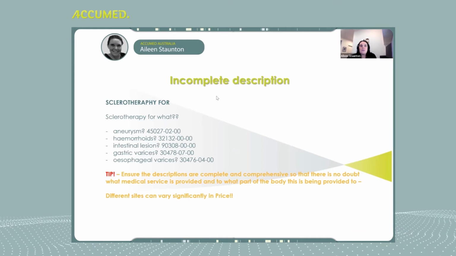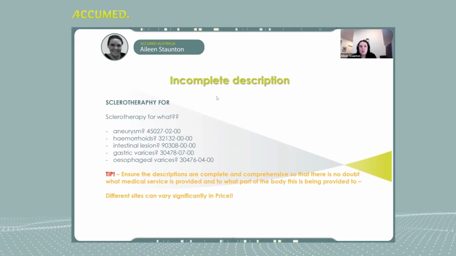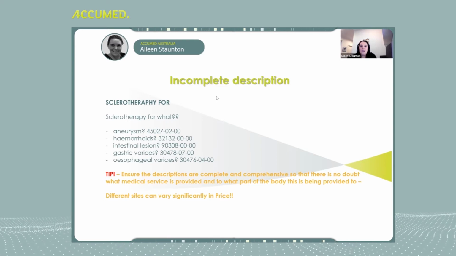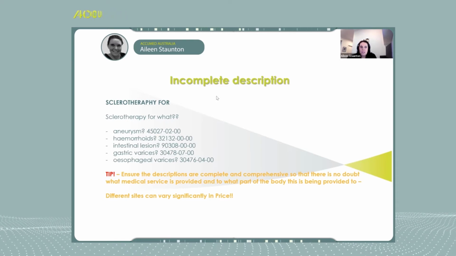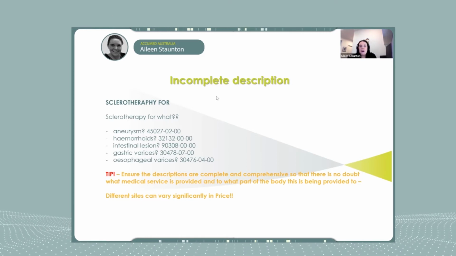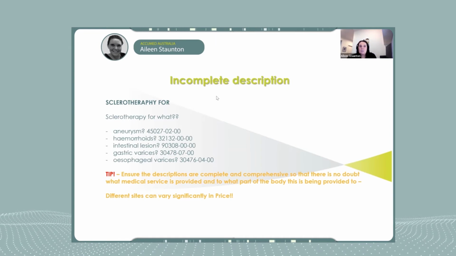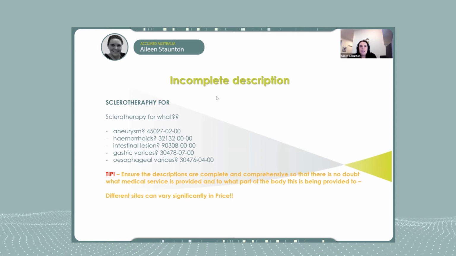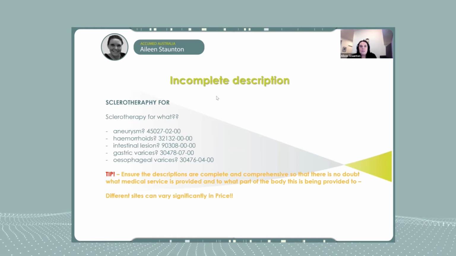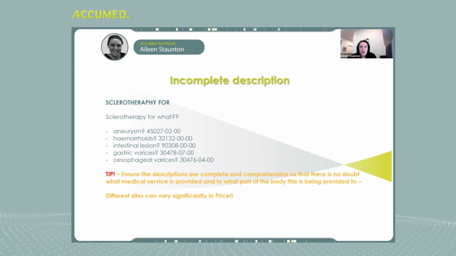In the classification, there are a number of codes this could be mapped to, but quite often we are missing the key piece of information. Is it for hemorrhoids? Is it for an intestinal lesion? Is it for varices? Is it for others, an aneurysm, for example? Those examples all have different codes, and therefore the mapping is different. So the description of sclerotherapy isn't sufficient to provide the mapping.